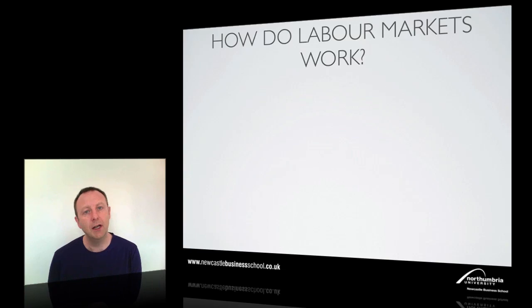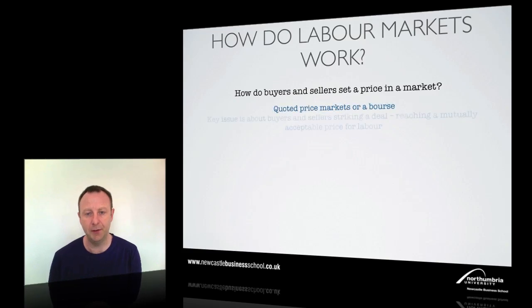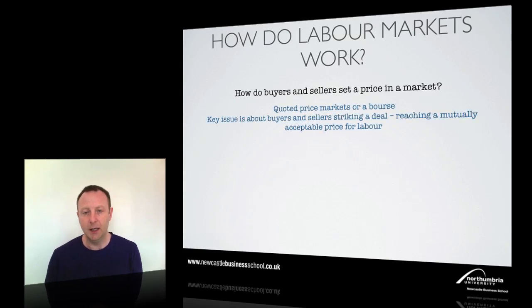So we start by thinking about the nature of labour markets. Labour markets are absolutely crucial, obviously, in terms of identifying an external competitive stance for organisations. And as I mentioned a moment ago, labour markets are like other markets. We have buyers and sellers, and the interaction of buyers and sellers is what determines prices, broadly speaking, in a market.